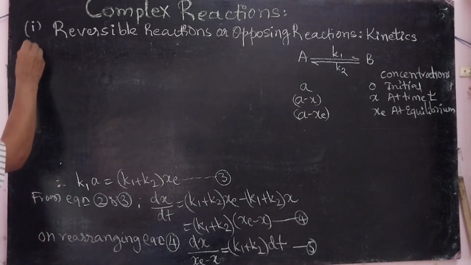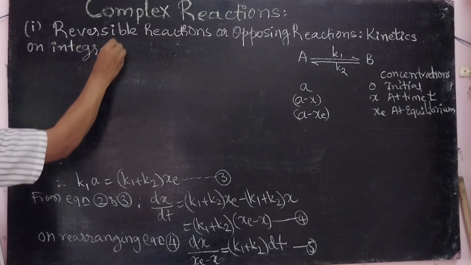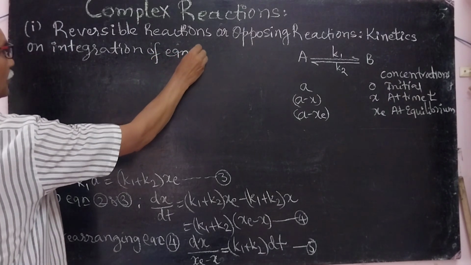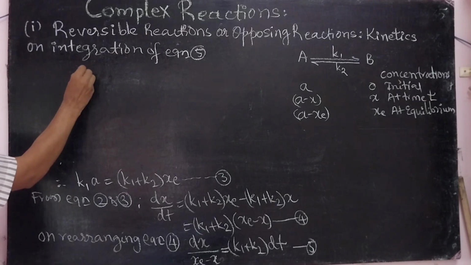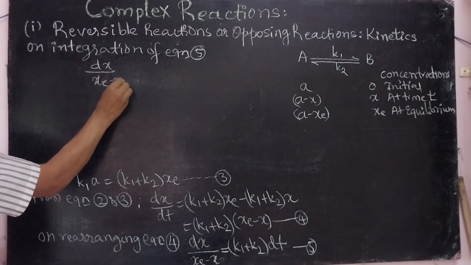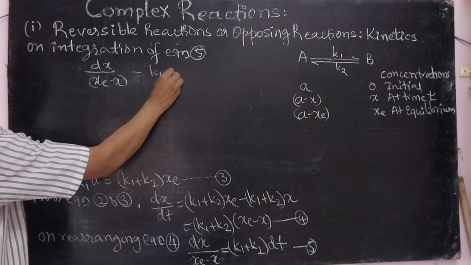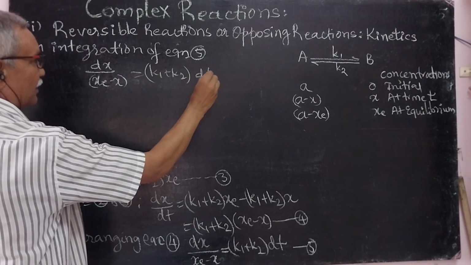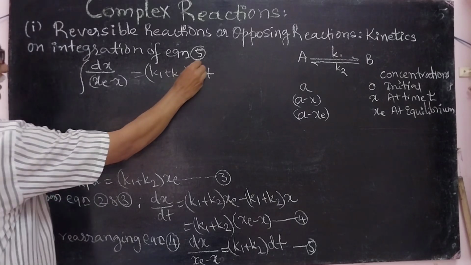Suppose this is equation 5. On integration of equation 5, let us write equation 5 once again: dx divided by (Xe minus x) is equal to (K1 plus K2) dt.